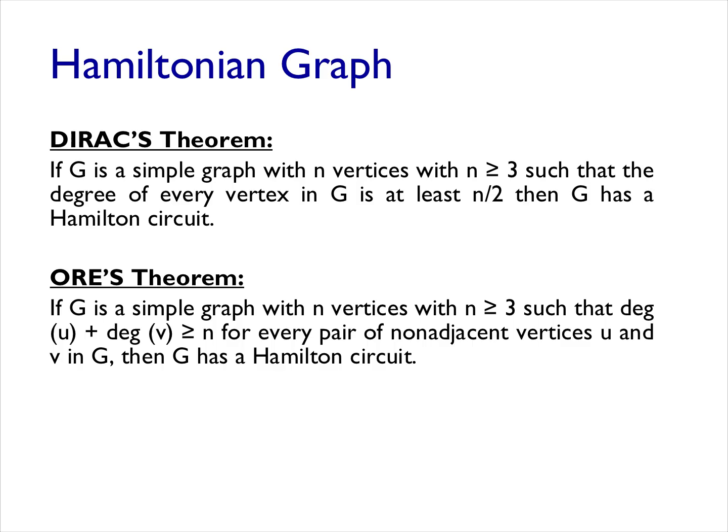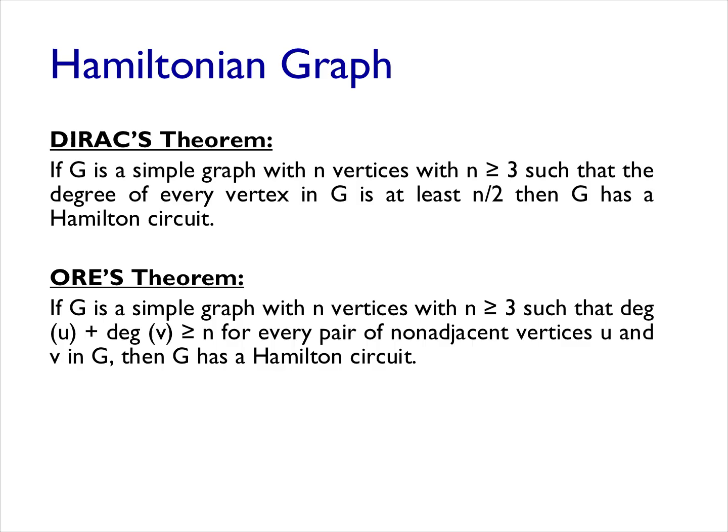With n greater than or equal to 3, such that the degree of every vertex in G, so if you go across the vertices of that graph and you count the degree of each one of them, and all of them satisfy that they are greater than or equal to n divided by 2, n is the number of vertices in the whole graph, right? Then for sure this graph has a Hamiltonian circle. You can find a Hamiltonian circuit in that graph.